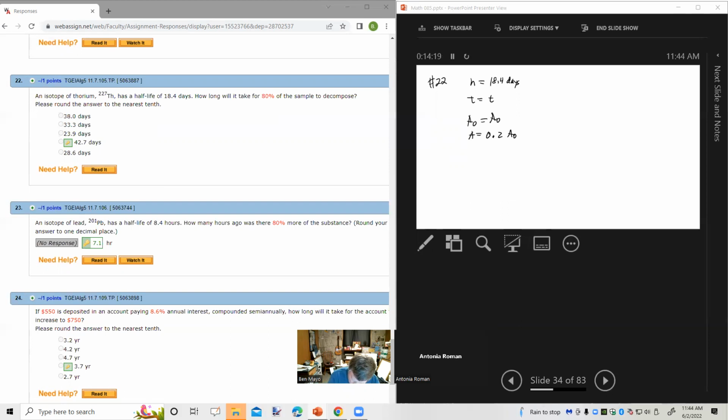So using the formula A equals A sub 0 times 2 to the negative T over H power, we get 0.2 A sub 0 equals A sub 0 times 2 to the negative T over 18.4.